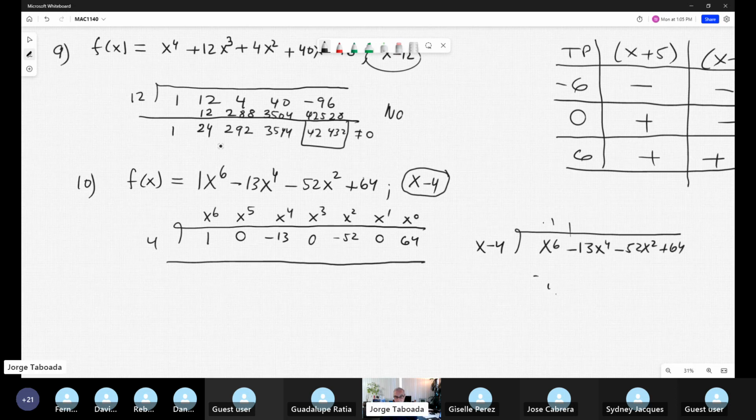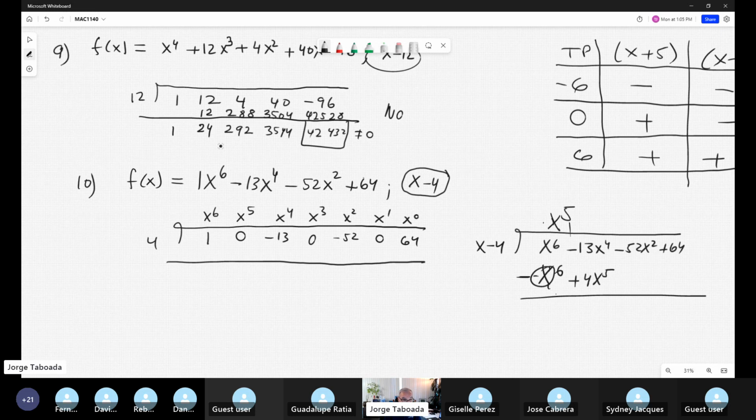Also, you need to multiply and subtract. Suppose the first term is x to the 5th power, because x to the 5th times x is x to the 6th power, and you change the sign and multiply. When you multiply, it's minus 4x to the 5th power, and you change the sign to positive. But this and this are not like terms, and you copy in the next line differently, in a different position. It's the same as this, but this is more organized, in my opinion. I respect any opinion.